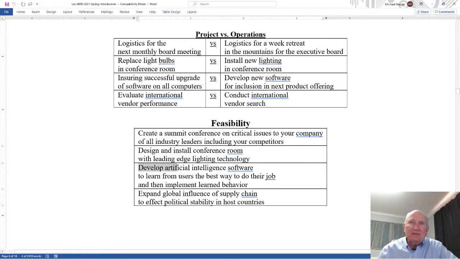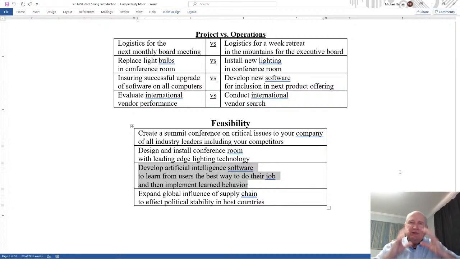Develop artificial intelligence software to learn from users the best way to do their job, and then implement learned behavior. Again, that's very, very aggressive. It's a good project. But what's the feasibility of that project? Well, the feasibility, let's say we could do it.